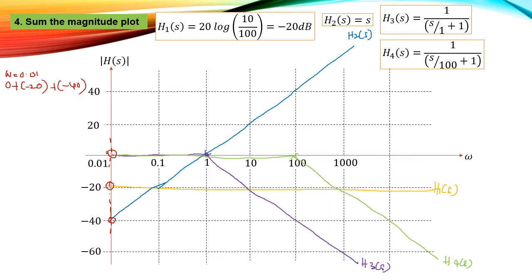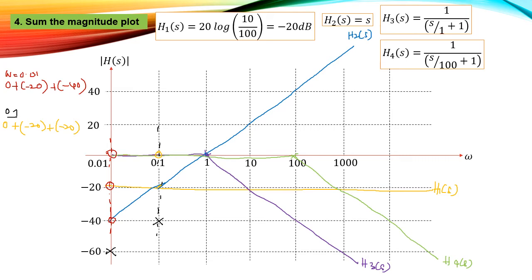So it is negative 60. So mark negative 60. And then at 0.1, you have this line, so it's 0 plus you have the blue lines, the magnitude is negative 20, and then you have the yellow line, it's negative 20, so it is negative 40.